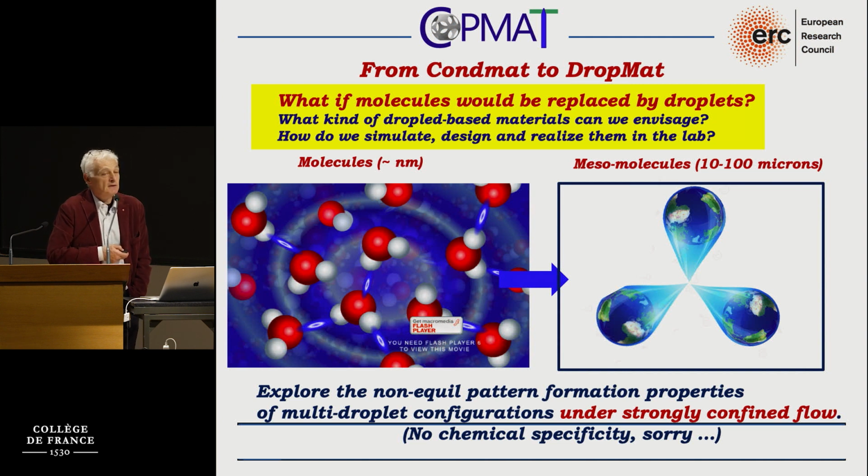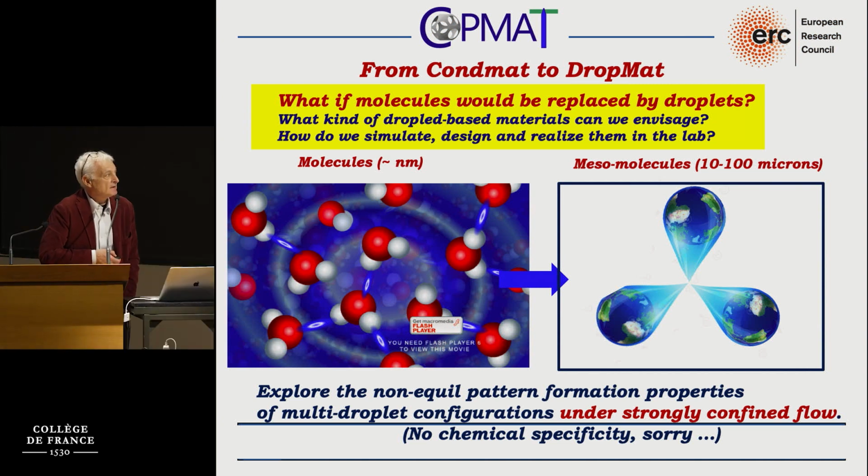But eventually, the task of going from micro to nano is precisely this: I try to reinsert the minimum amount of chemical specificity which is needed in order to capture the relevant physics.